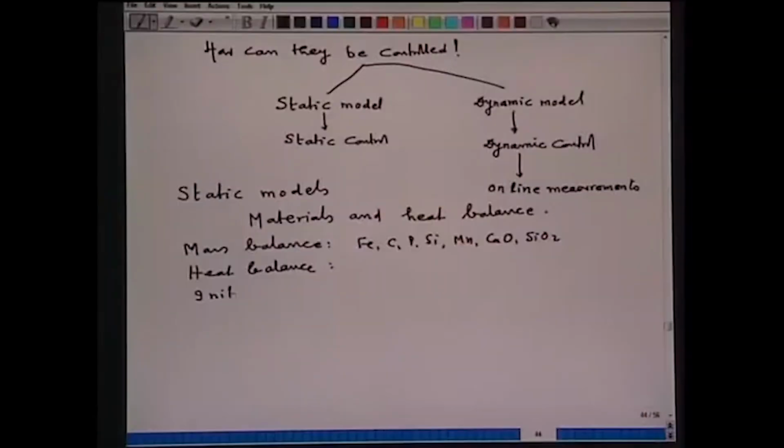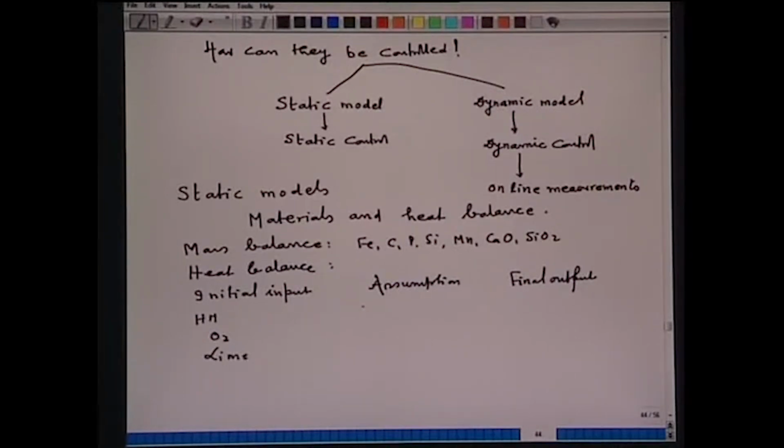Now, here a certain set of underlying assumptions is required. It takes an initial input and a final output. Say the initial input could be hot metal, oxygen and lime.